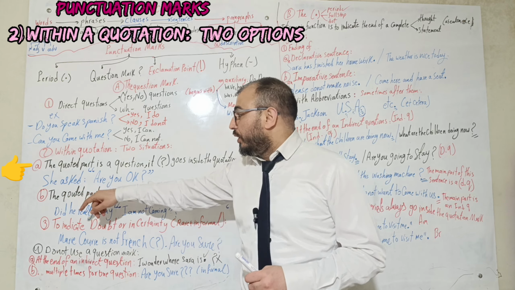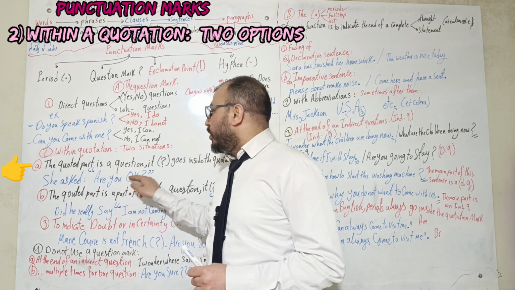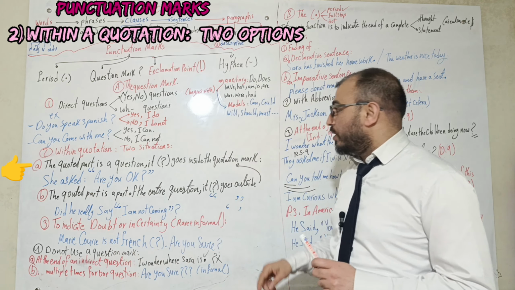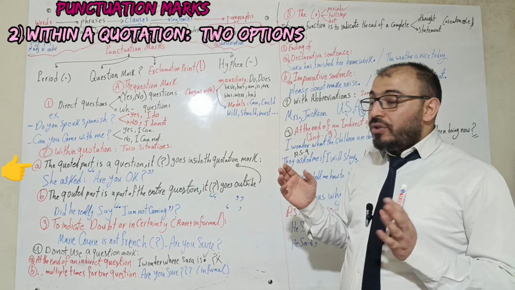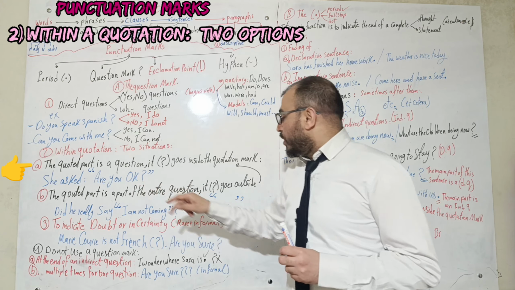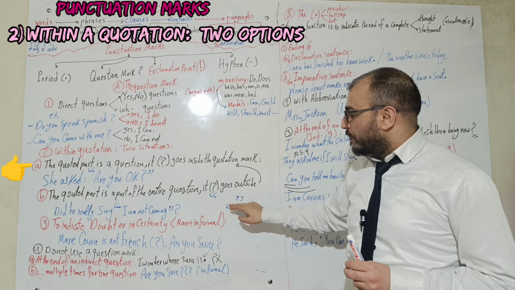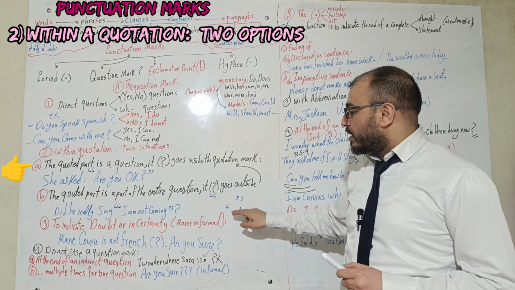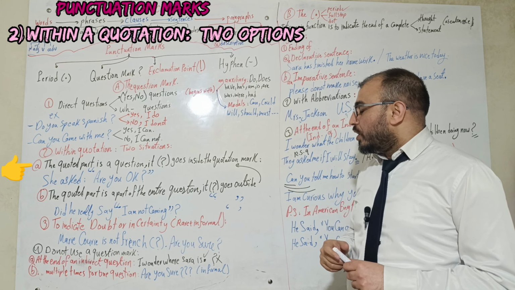In this example here, she asked, "Are you okay?" And before I start here, my friends, I would like to mention a very important point. You all see that sometimes we have this type of quotation marks, and sometimes this type. This type is called double quotation marks, and here we have single quotation marks.